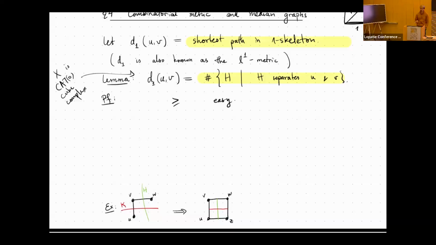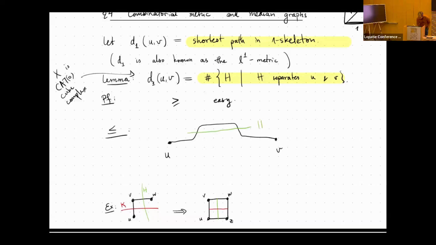The other one really tells you that any shortest path between u and v crosses each hyperplane once, right? So let's imagine that this is not the case. Imagine that I go from u to v, and at some point I cross the hyperplane, and then I cross it again.